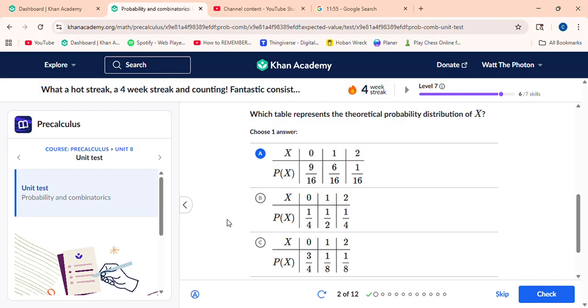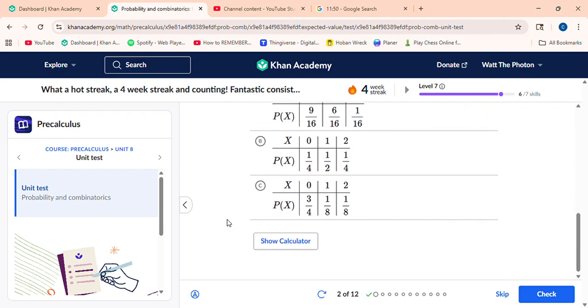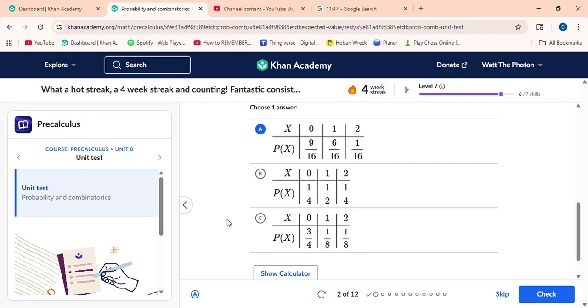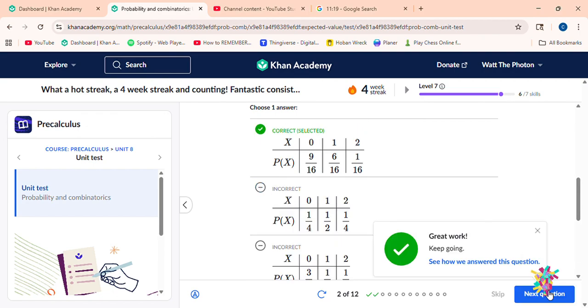The probabilities should add up, so you get 6 plus 1 plus 9 is 16. Seems right, yeah.